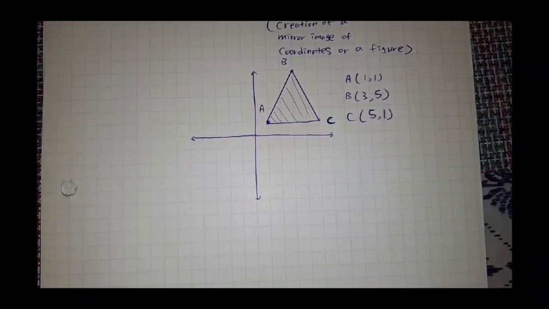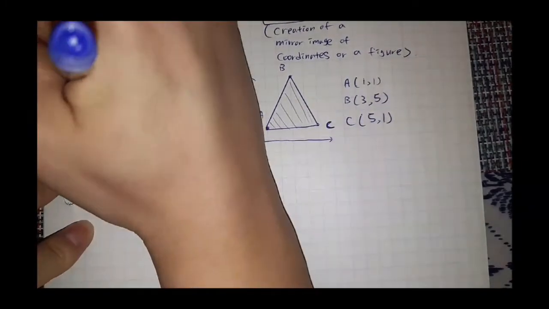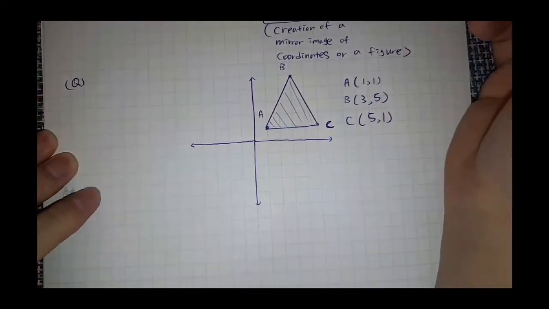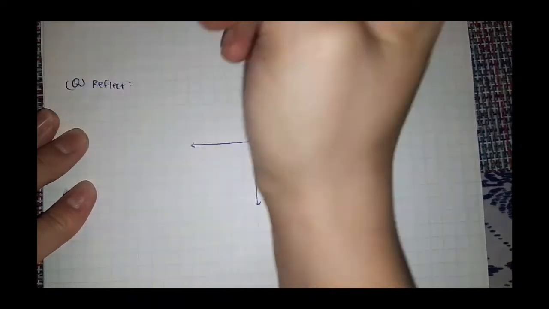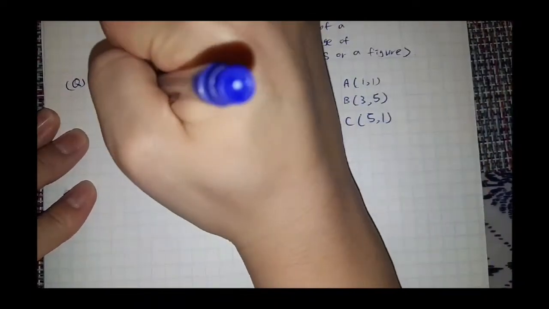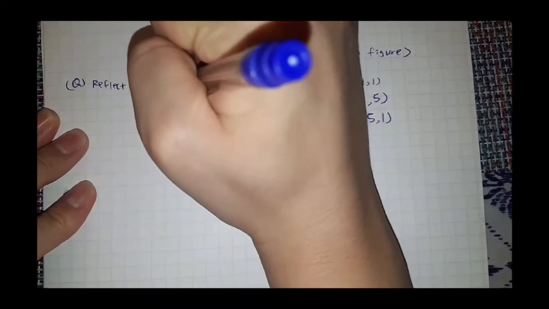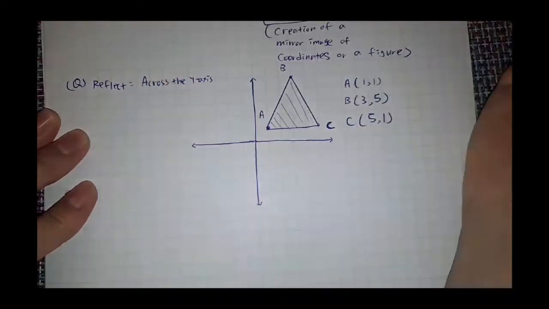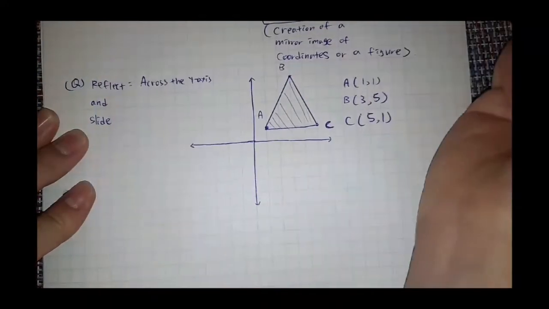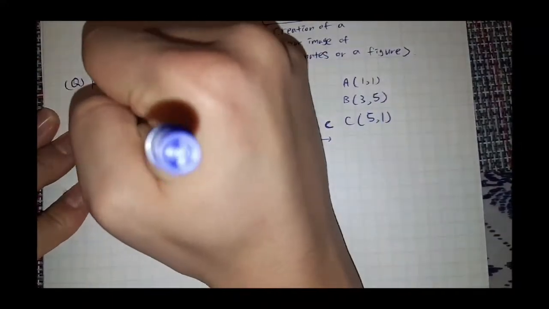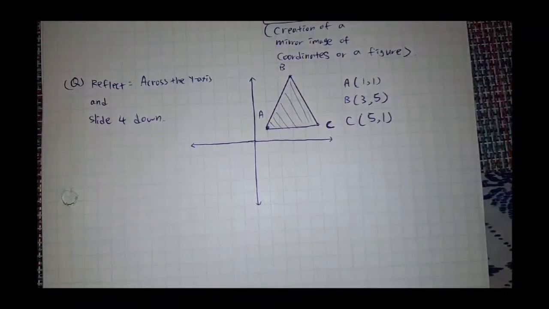Now, without further ado, let's go through a mixed transformation example. Let's say you have a question that asks to reflect across the y-axis and slide 4 down.